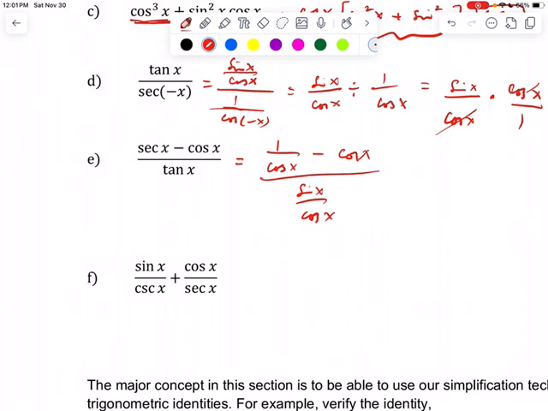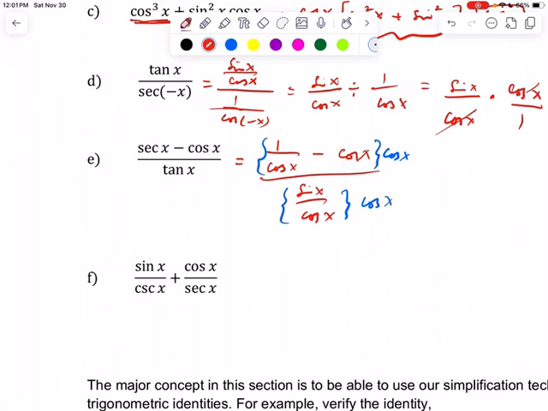Or in order to simplify this, if you recall, somewhere in algebra course you must have learned, because look, the common denominator of the top is cosine x and the common denominator of the bottom is also cosine x. So if I multiply the top by cosine x and the bottom by cosine x, what will we get?